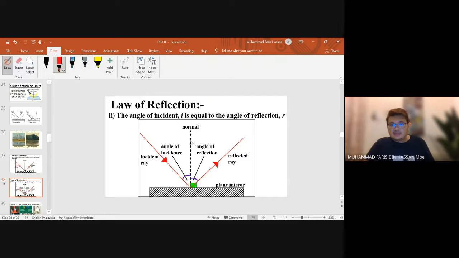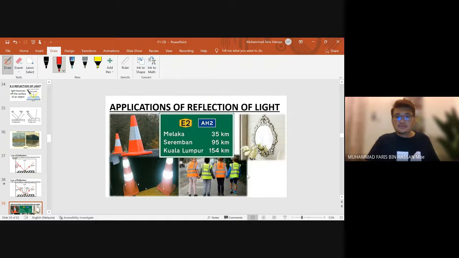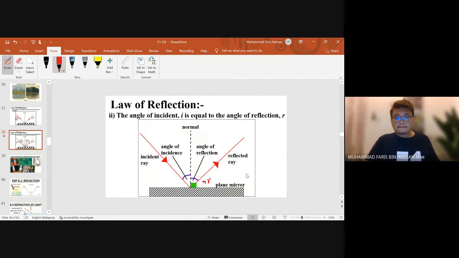So the normal line with the plane mirror will form around 90 degrees. Please don't measure the angle of incidence from the plane mirror to the incident ray, or from the plane mirror to the reflected ray.